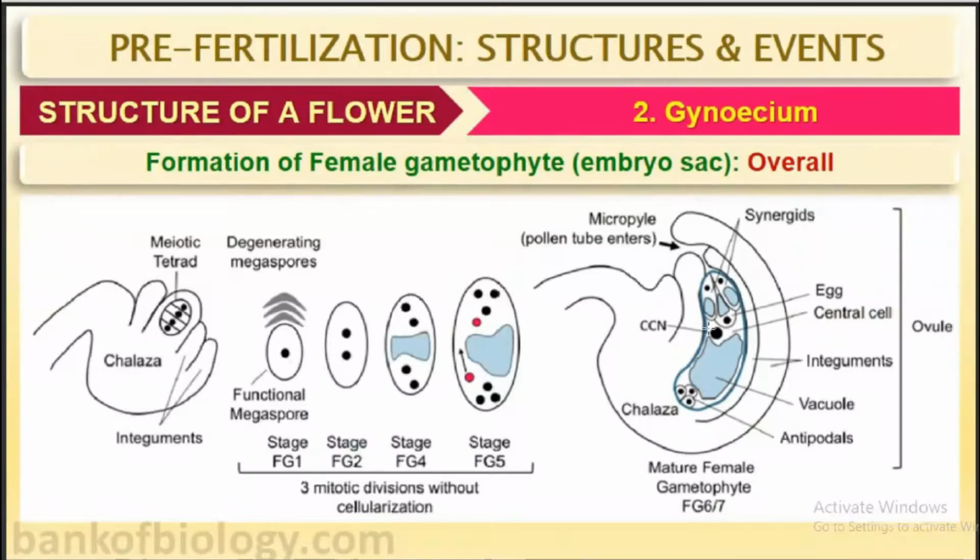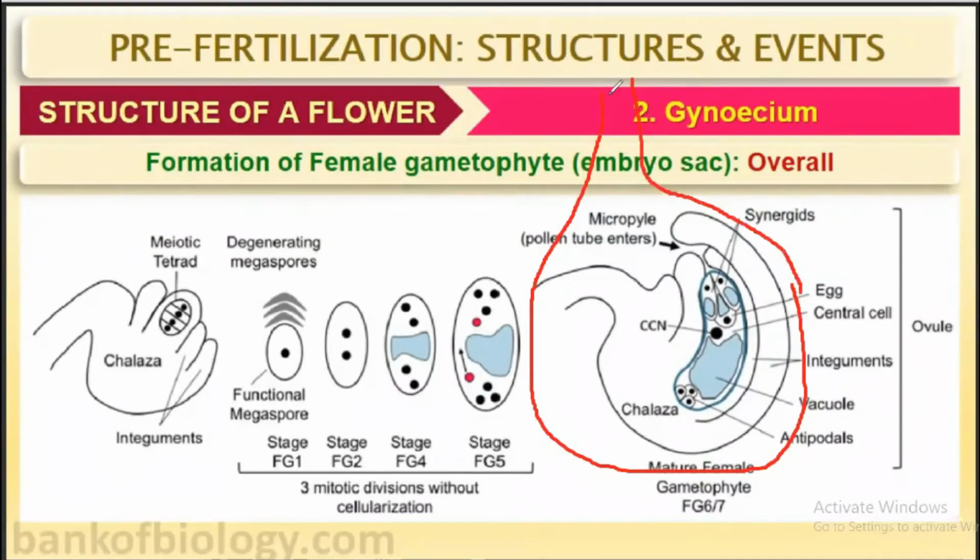Okay, so here you can see a correct diagram of the carpel or pistil. Inside the carpel, there are three important parts we have studied. What are they? Ovary. This portion is the ovary. If you draw the diagram, you will get a diagram like this. Ovary, style. This portion is known as the style.